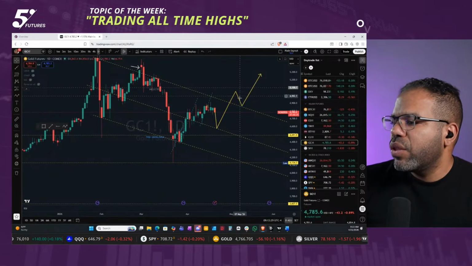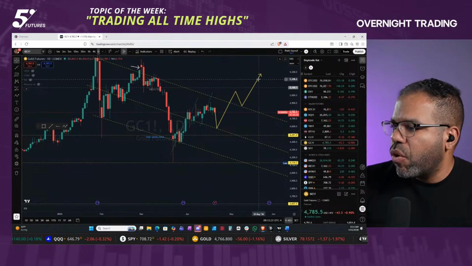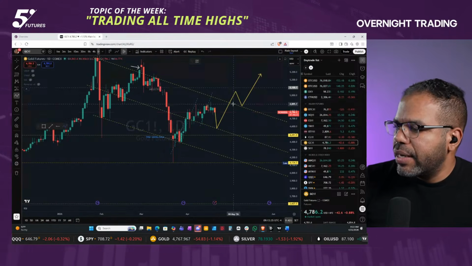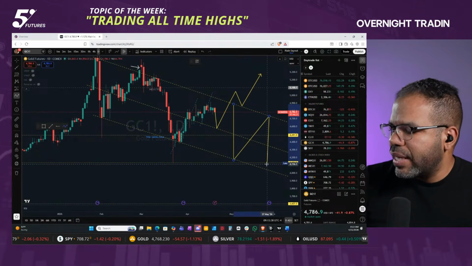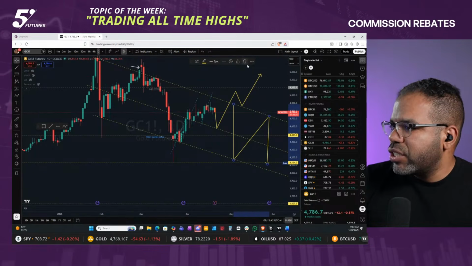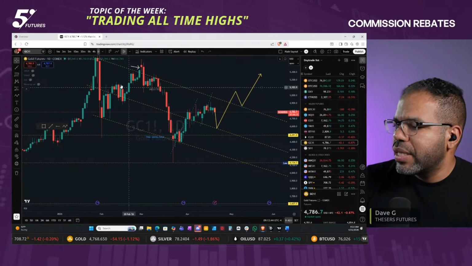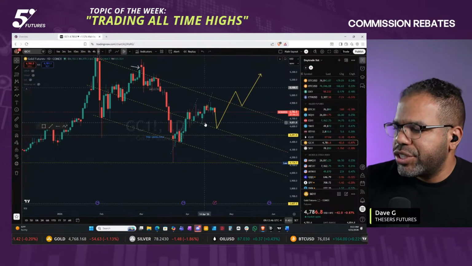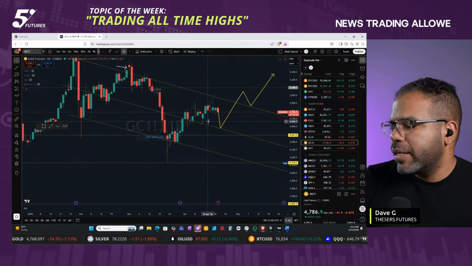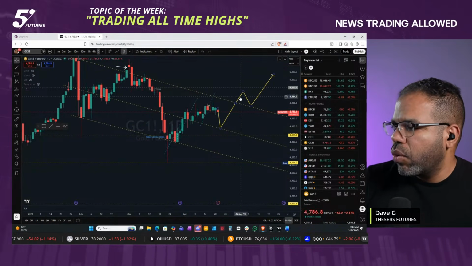Will this act as actual support? Or am I totally wrong about us continuing, and we continue to consolidate around here? We'll have to see. But I just want you guys to be cautious, zoom out, look at the chart longer term, and keep those things in mind. So this is my take on gold for now.